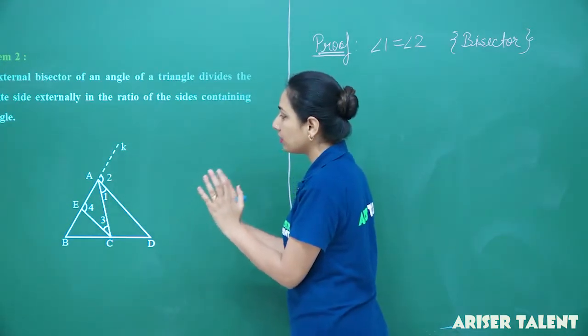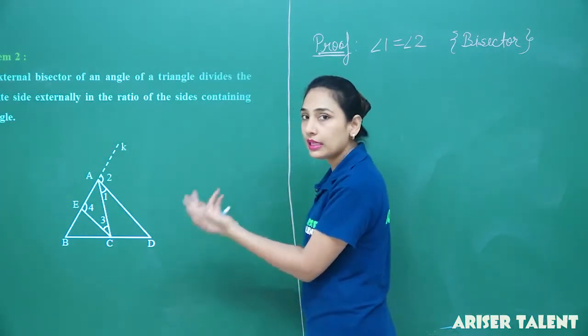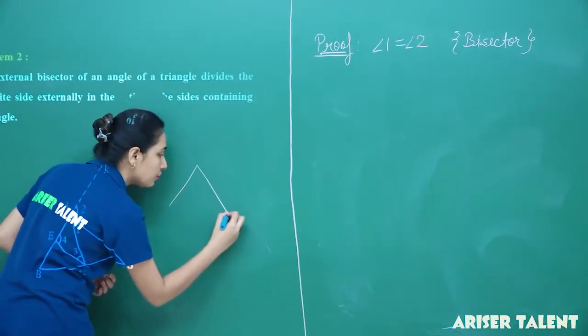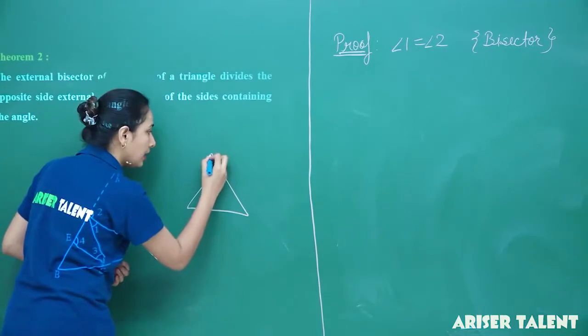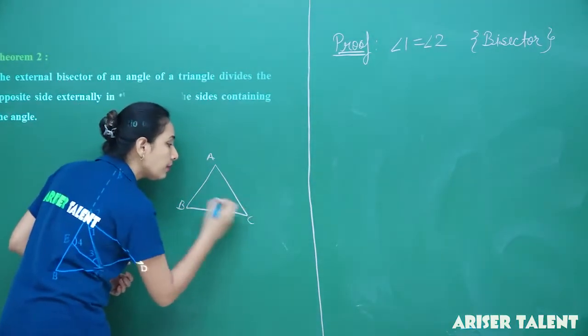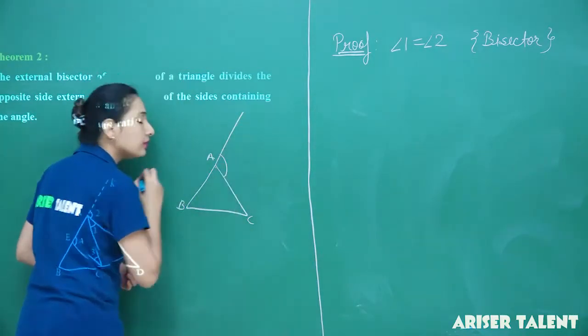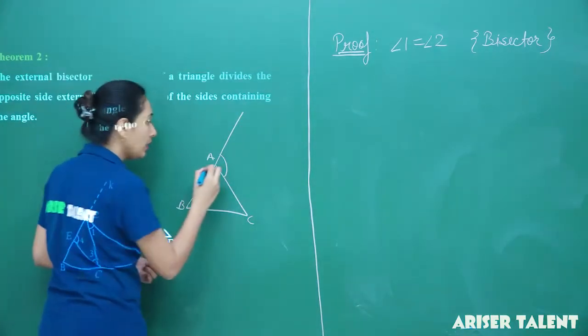If you are not understanding it properly, let me draw it for you. I was having this triangle A, B, C, okay. Now this was the external angle A, okay.